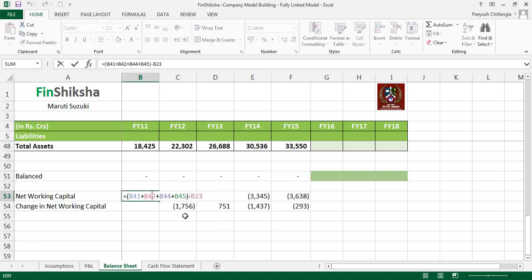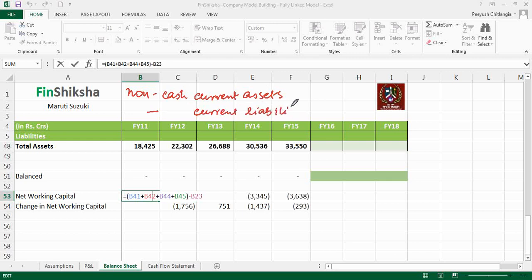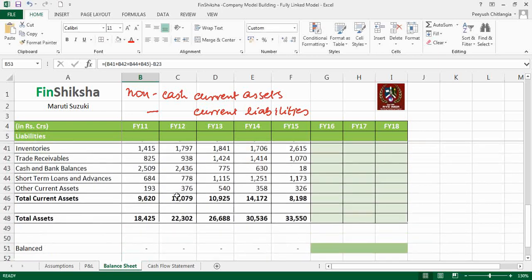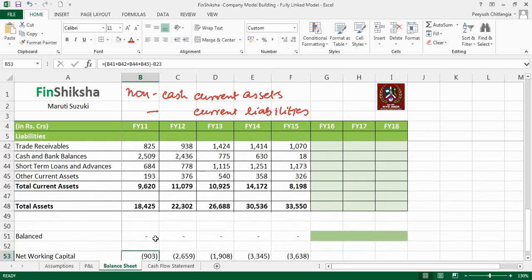What is net working capital? Net working capital is the sum of all non-cash current assets minus the current liabilities. Now, why we are taking non-cash current assets is at this point of time beyond the scope of this discussion. But just for understanding purpose, assume that net working capital calculation includes 4 data sets.